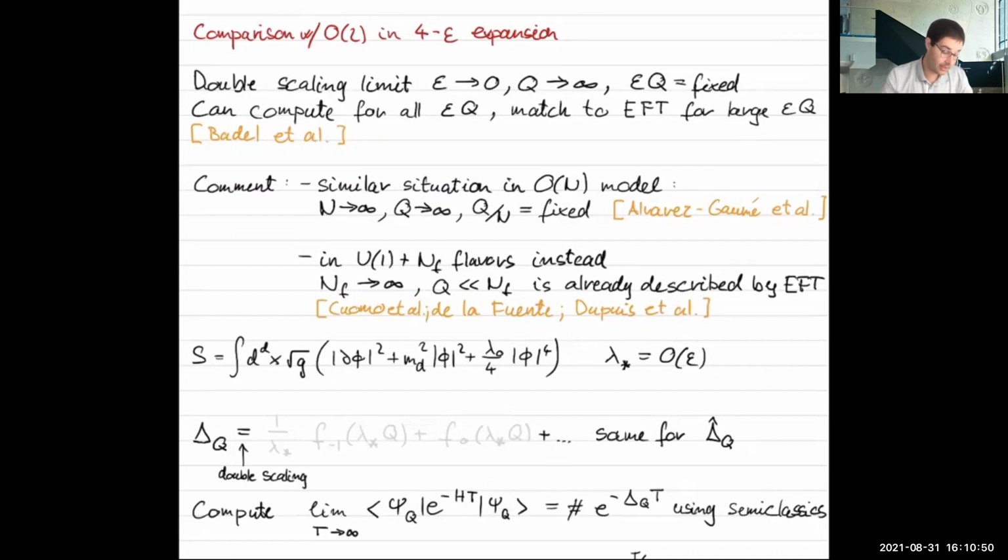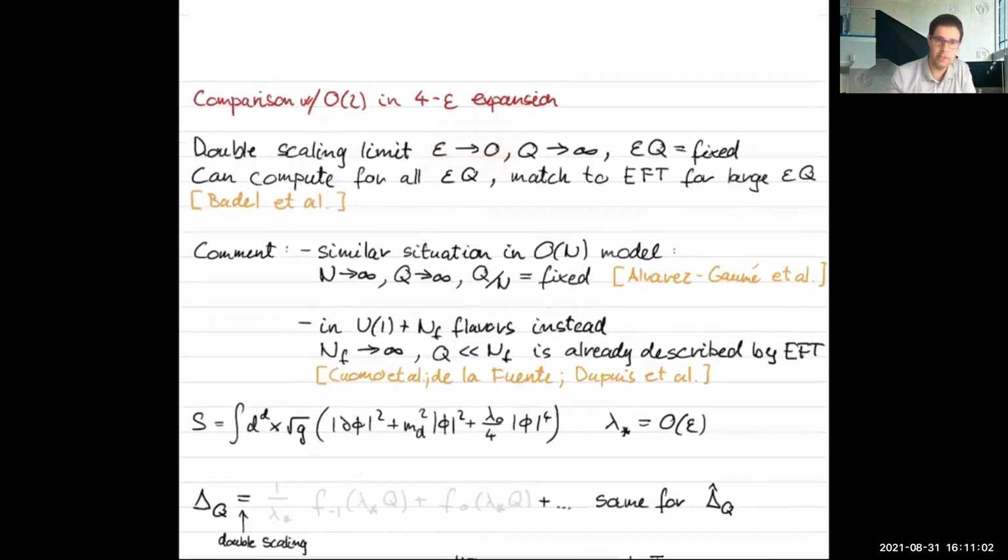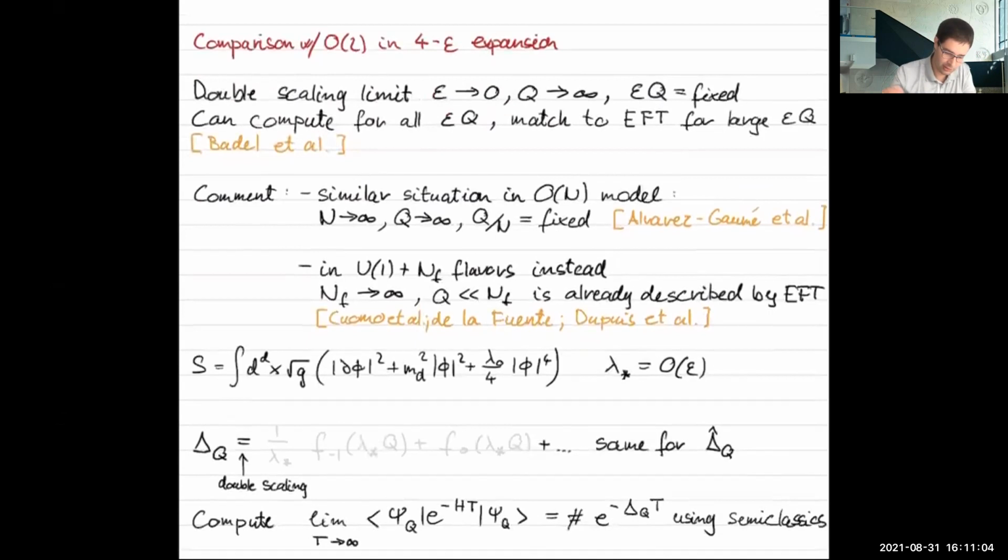So we did this in the O(2) model in 4-epsilon dimensions. So let me remind you that what you do there is a double scaling limit. You take epsilon to 0, just like you do in the usual Wilson-Fisher philosophy, but at the same time take Q to infinity with epsilon Q, the product of them, fixed. That's why I call it the double scaling. And this was done in Badel et al.